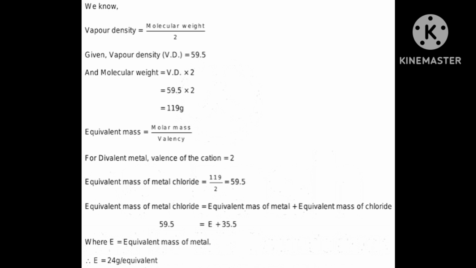Method, that is the volatile chloride method. This method can be used for those elements whose chlorides are volatile, so that their vapor densities can be determined.